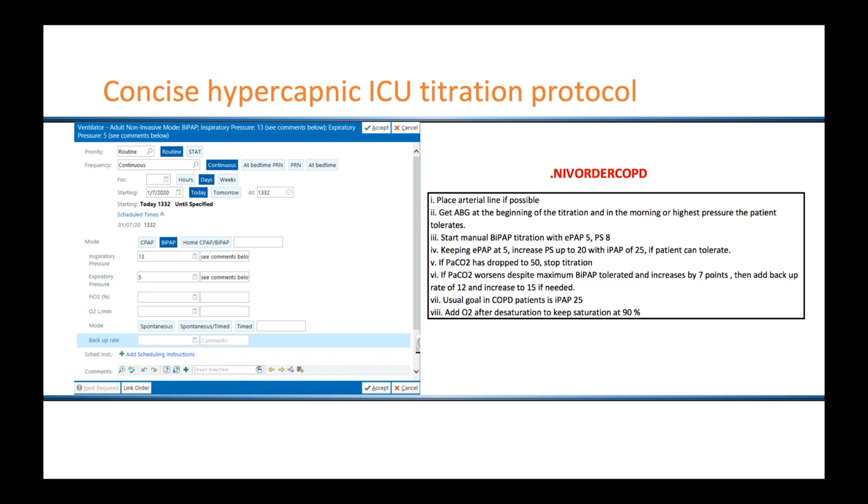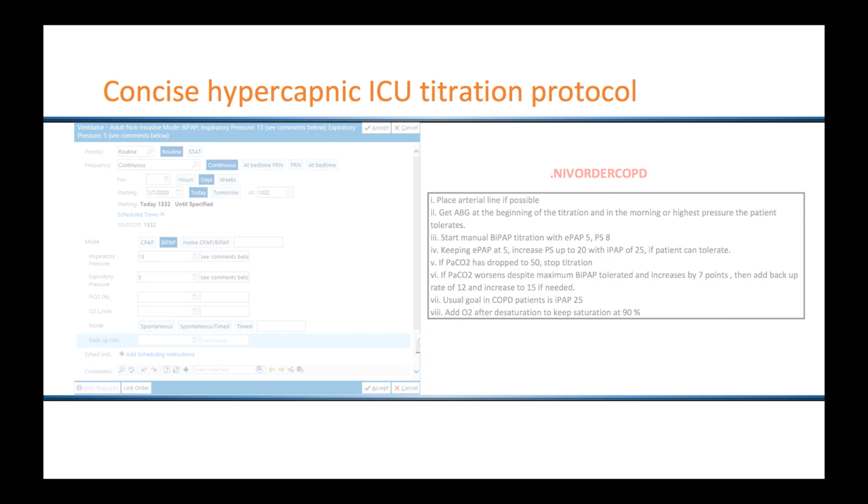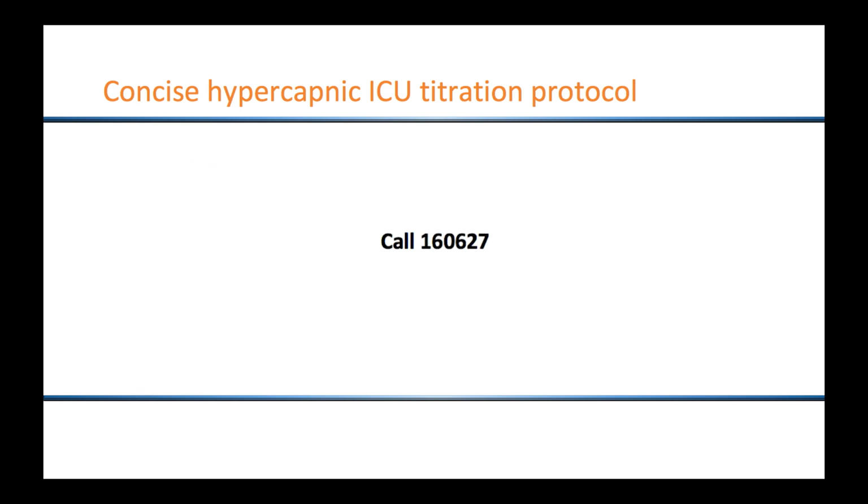If the PaCO2 worsens despite maximum BiPAP tolerated, and it actually increases by 7 points, that's an indication for BiPAP ST, and you can introduce a backup rate of 12, and if necessary, increase it to as high as 15. The usual goal in COPD patients is an IPAP of 25, and we only add oxygen to keep the oxygen saturation of at least 90% or around 90%. As always, call the head respiratory therapist at 160627.